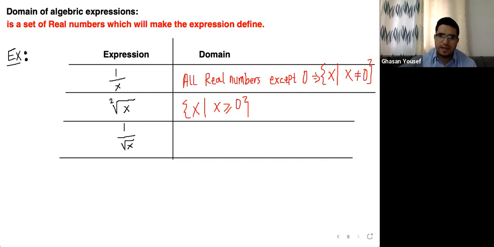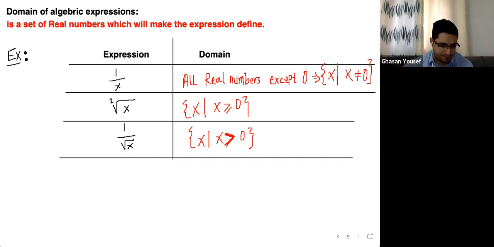So I can say the domain is x such that x is greater than 0, without the equal, greater than 0 only. Why not equal? Because I cannot plug 0 inside the denominator. If I plug 0 in the denominator, it gives me 1 over 0, and 1 over 0 is undefined.